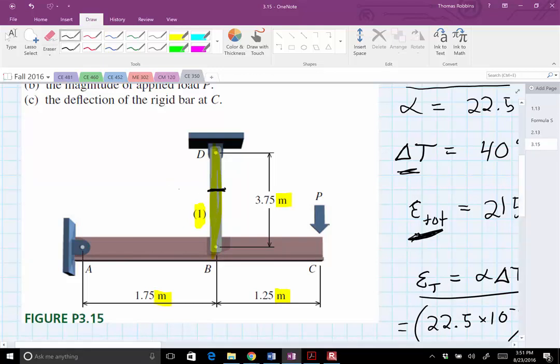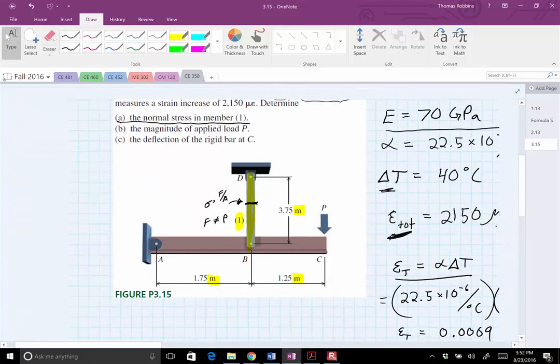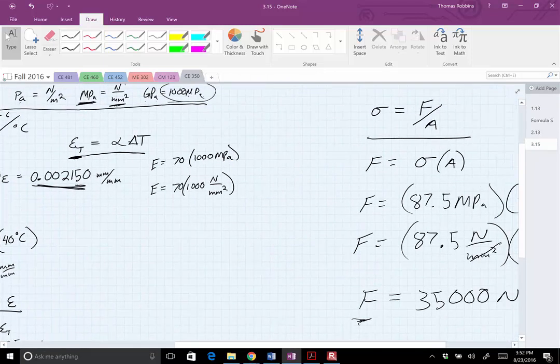The stress of member 1 is force over area of member 1. F does not equal P. Remember that. What is F? F is that force.